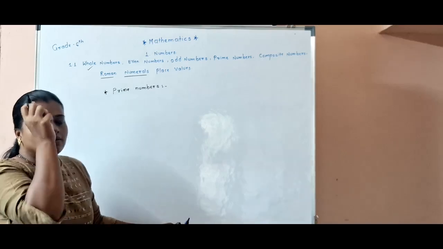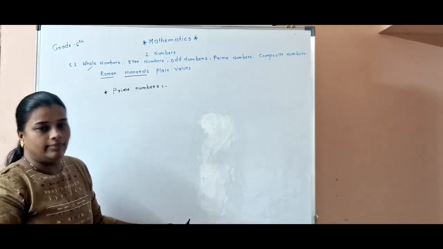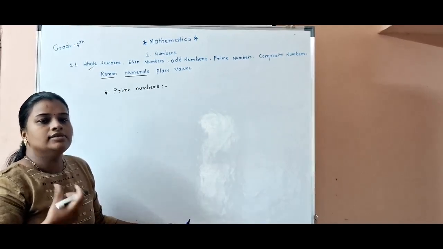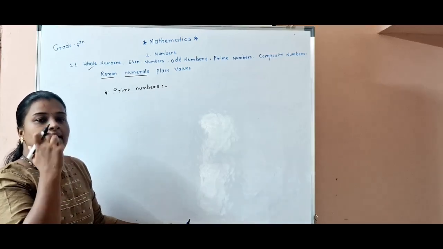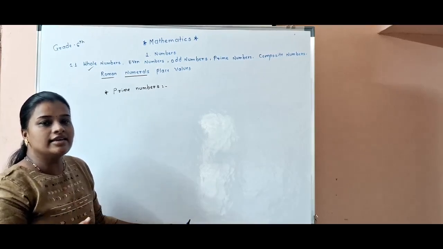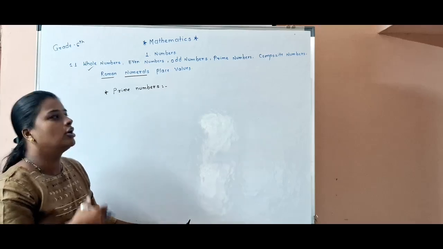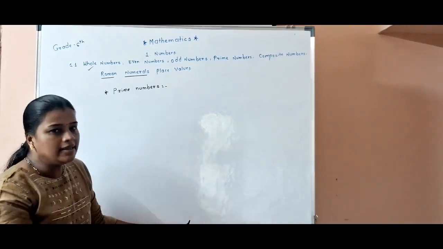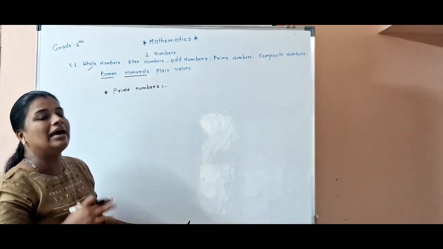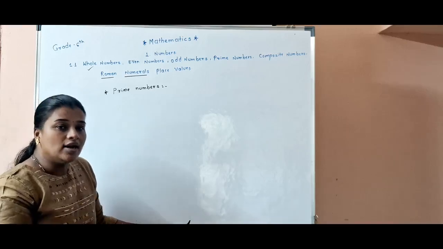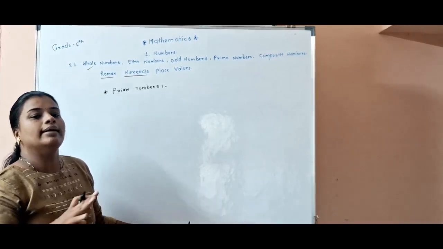The numbers which are divisible by itself only, such numbers are called prime numbers. Or prime numbers are the numbers which do not come under the table of any other number, which are not divisible by any other number.